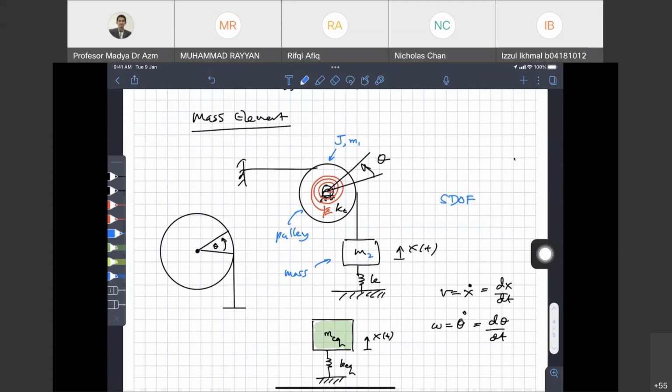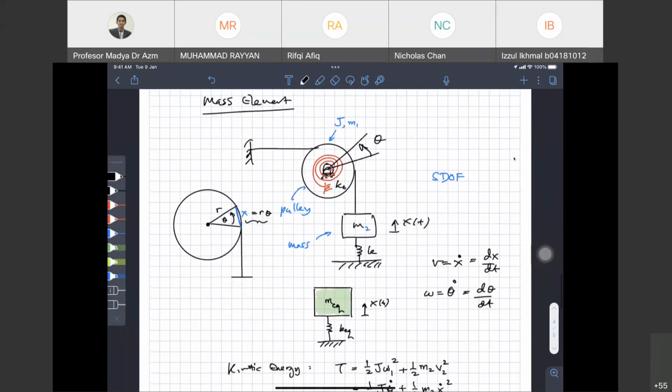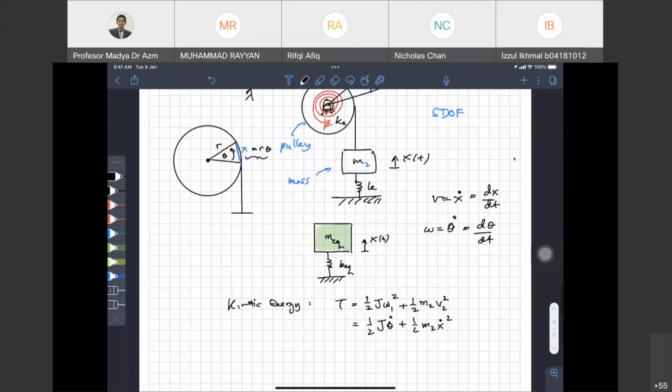So here is x, and if the radius is r, then x is r theta. Okay, linearization. You will come across the concept in the section on linearization. x equals r theta. So from here theta is x over r.